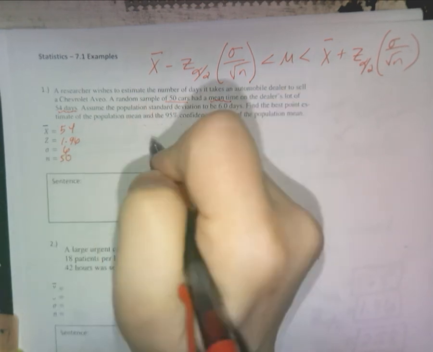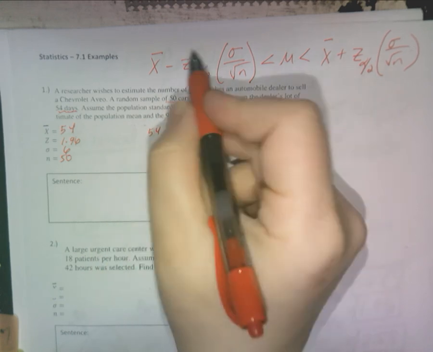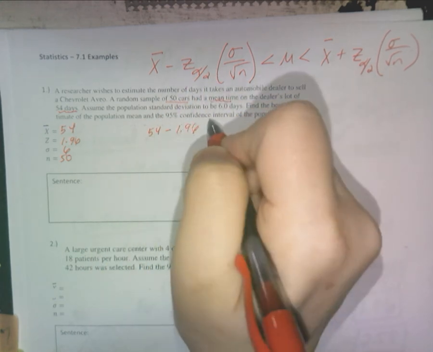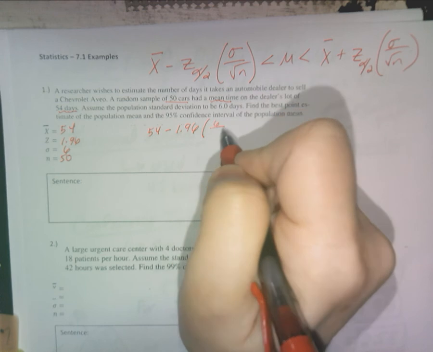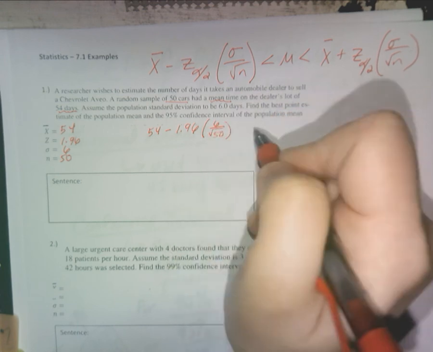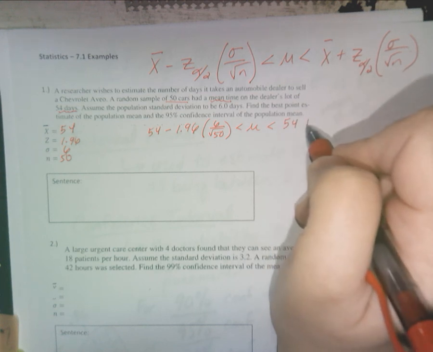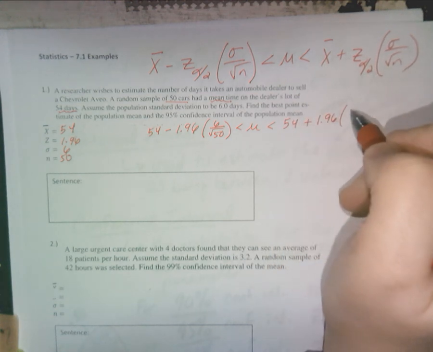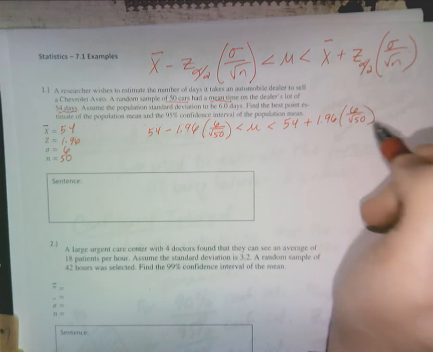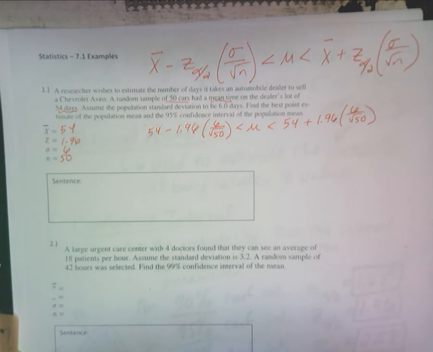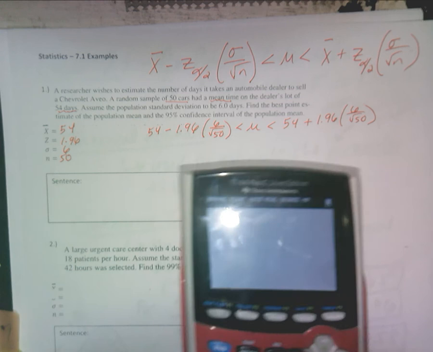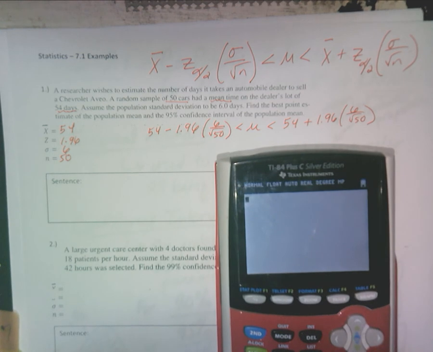You are now going to plug all that in. So X bar, 54, minus Z, 1.96, times sigma 6 over square root 50, less than the mean, less than 54 plus 1.96 times 6 over square root 50. What I would do on my calculator is do the part with the 1.96 first, because then you just add it and subtract it to 54.